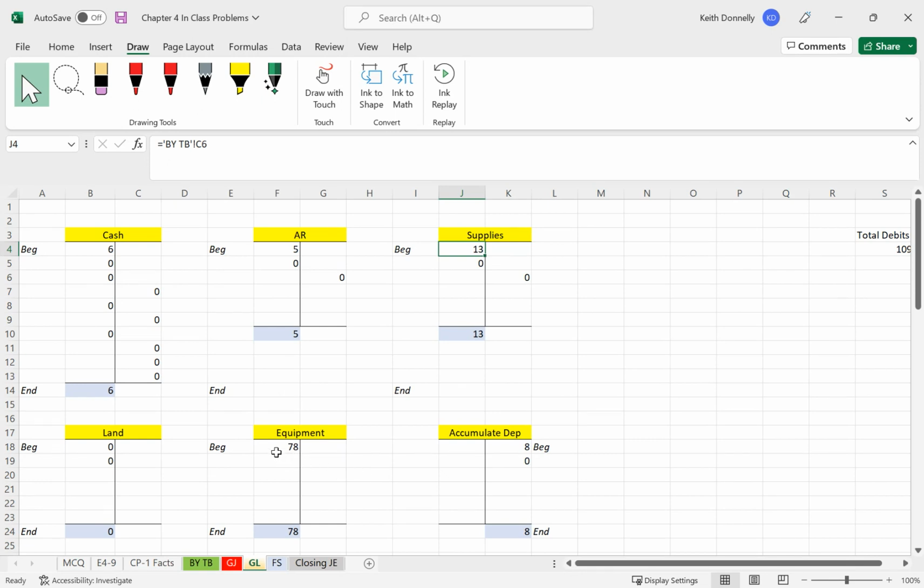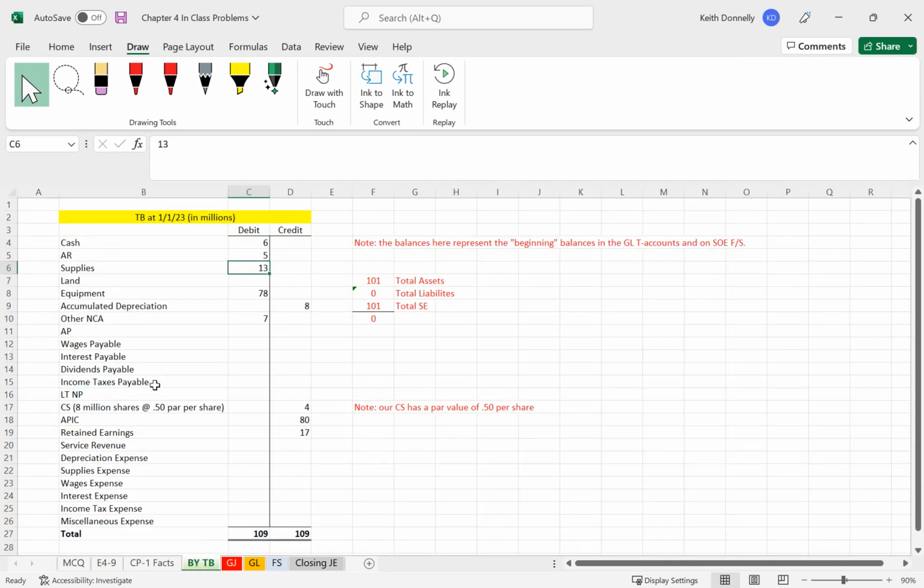I'm more concerned with, are you understanding what is going on here? Where do these balances come from? Well, last year's ending is this year's beginning, and the other thing that we're going to need to pay attention to here is there's a 50-cent par value per share because during the year we're going to issue some stock and we need to know that amount.